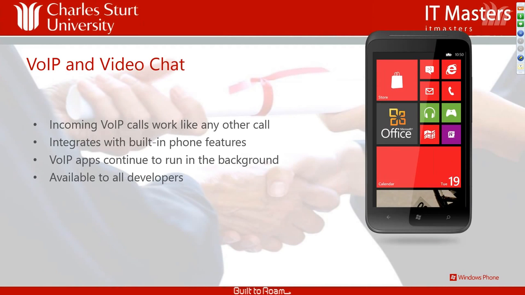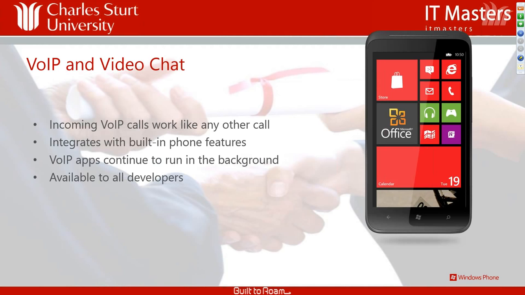As most people are aware, Microsoft is starting to invest quite heavily in Skype, which is an acquisition they made a while ago. We're seeing that there's now a beta or preview version of Skype available for Windows Phone 8, as there is for Windows 8 on the desktop.